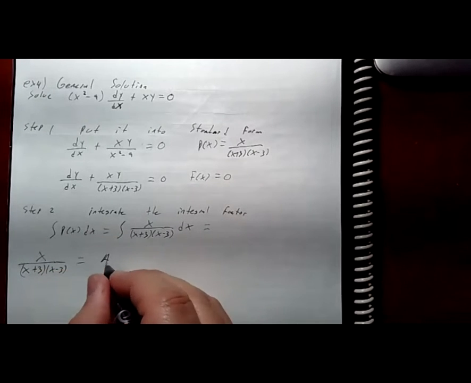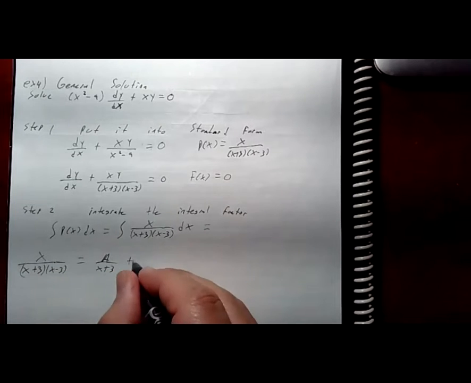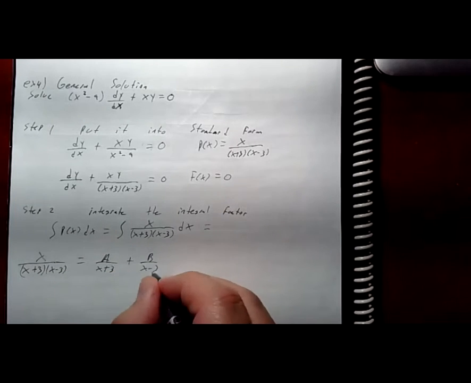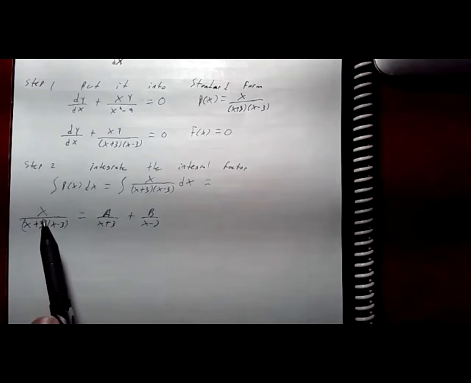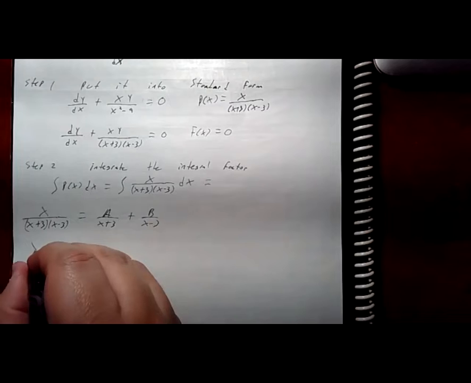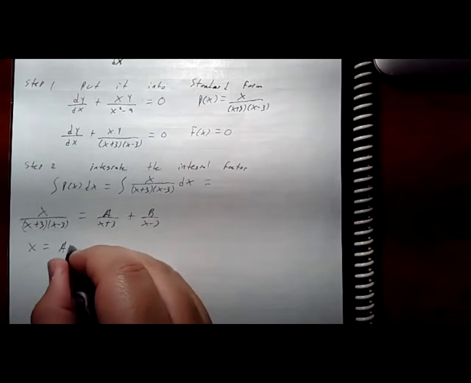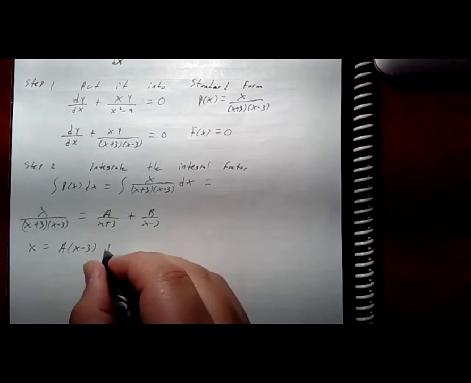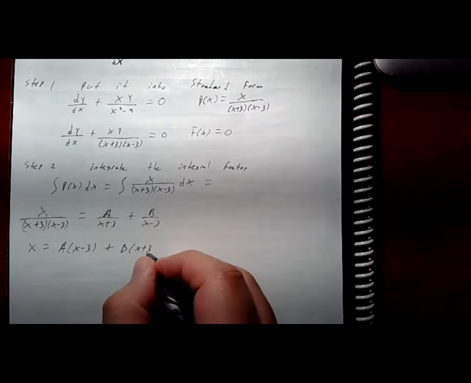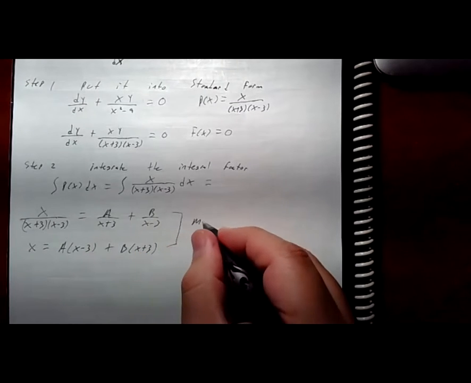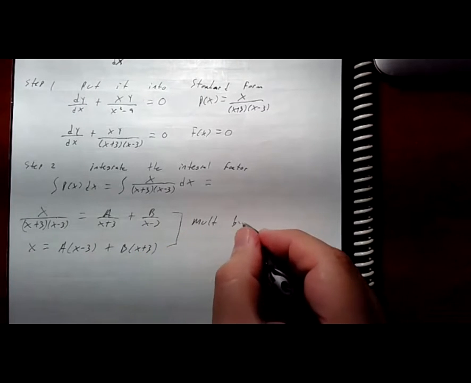So this will be a over the first term plus b over the second term. We did this, I think, last time, right? Multiply both sides by LCD. That'll give us this. That okay?